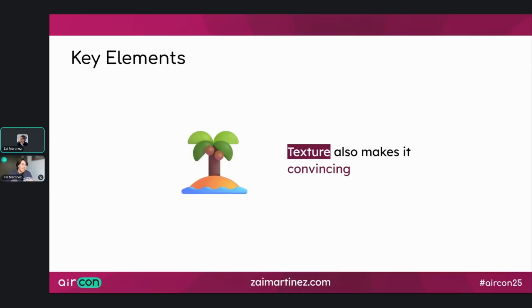This gives a little bit of texture, and it avoids the ambience sounding just too still, not boring, but just not moving at all, with zero dynamics. And it makes it convincing.